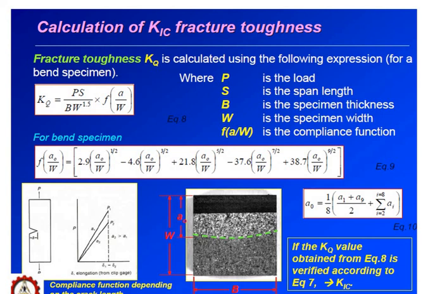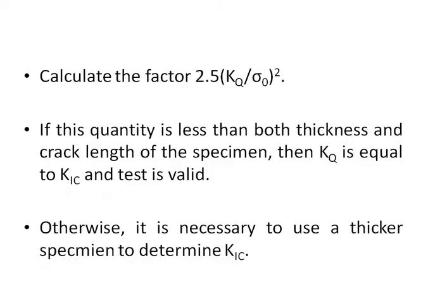So this is the calculation of KIC. Calculate the factor 2.5 into KQ by sigma naught, squared. If this quantity is less than both the thickness and the crack length of the specimen, then KQ is equal to KIC and the test is valid.